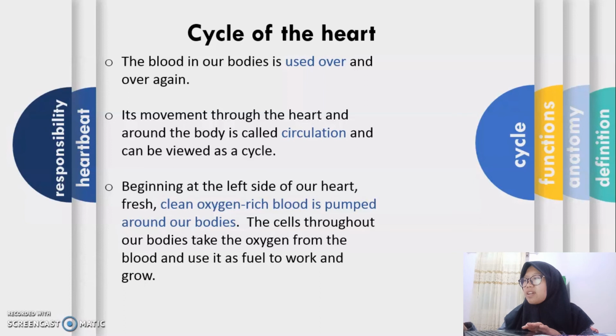And then, beginning at the left side of our heart, fresh, clean, oxygen-rich blood is pumped around our bodies. The cells throughout our bodies take the oxygen from the blood and use it as fuel to work and grow.